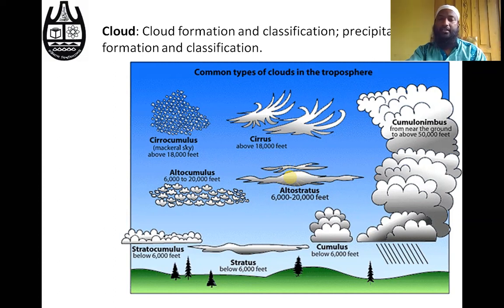If it is ice droplets, then sometimes we say this is hail. If it is a soft ice-like structure, we say this is snow. So depending on the nature of the precipitation, we define it differently. All this classification we're going to discuss under this cloud chapter.